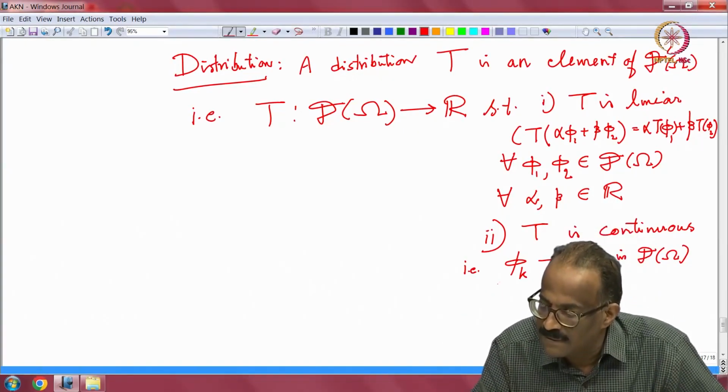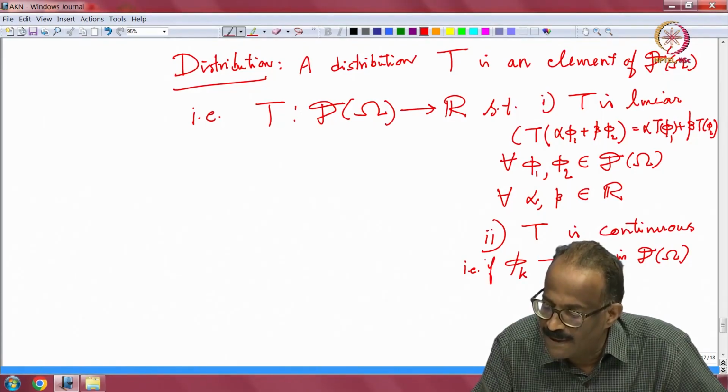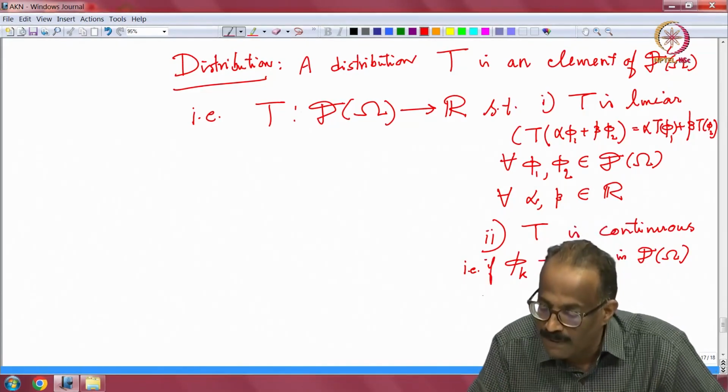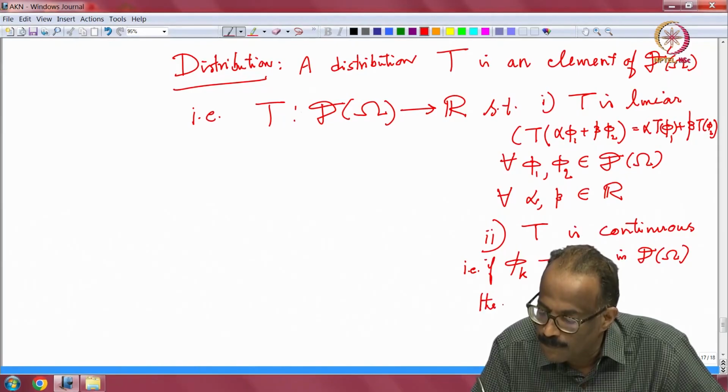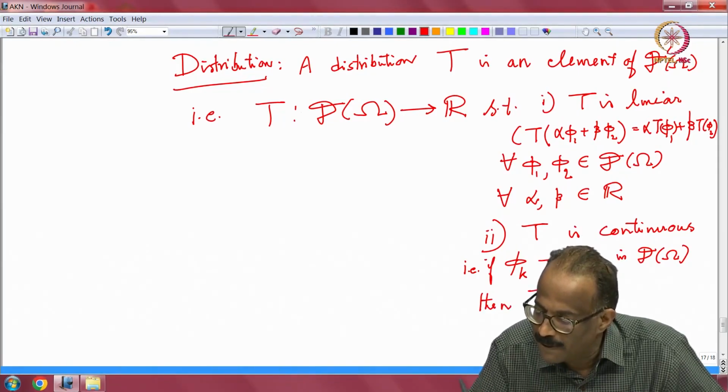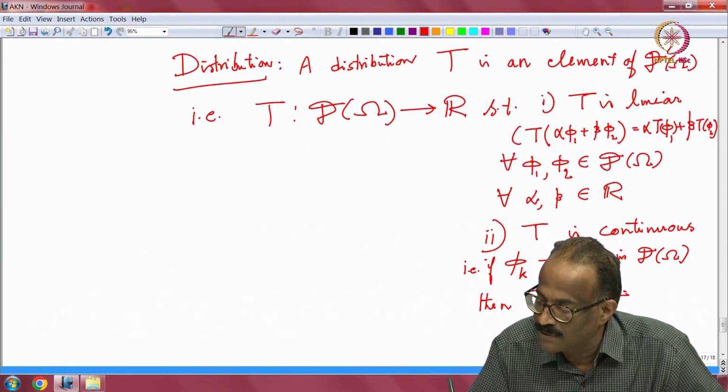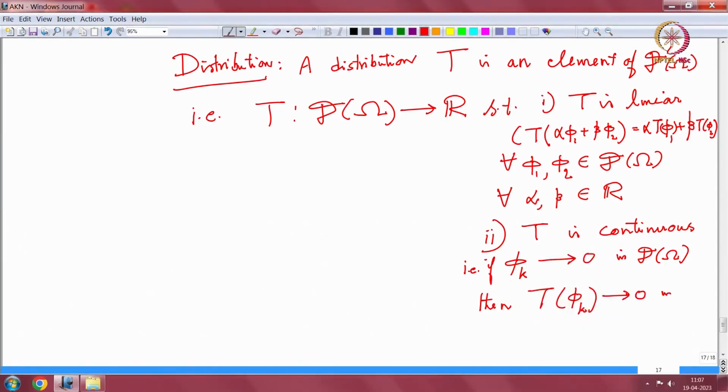such that is if phi k converges to 0 in D omega, then T phi k, and T phi k is a real number, goes to 0. This is in R, you do not have to specify it. So, these are the two conditions of the distribution.